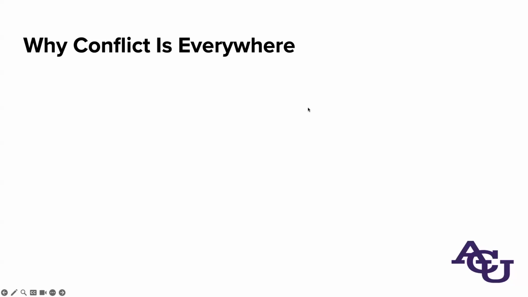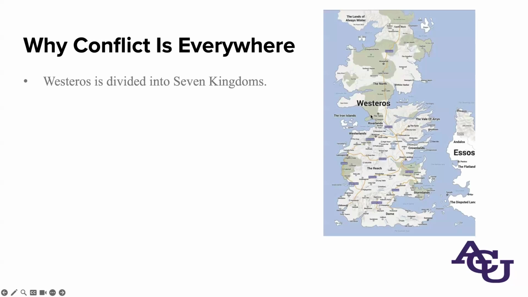Let's run through this slide once more. Why conflict is everywhere. So I go ahead and I trigger the first animation, and I get my bullet and I get the image. Some people like to have one come after the other. You can set it to come a certain number of seconds after you hit the mouse or a manual trigger. But either way, we get these two pieces of information together.